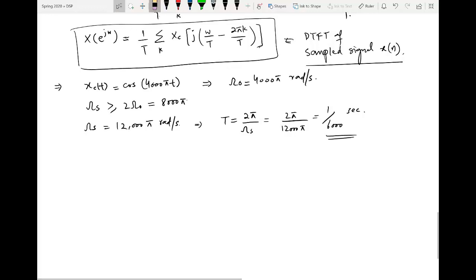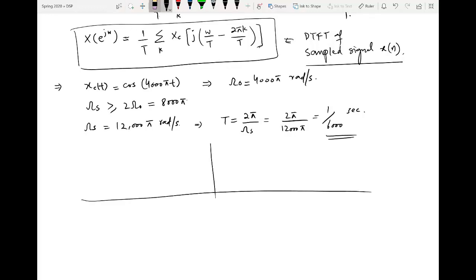Now, first of all, we draw Xs of j omega by using the same concept. First of all, the original copy. The original copy will be coming at 4000 pi and minus 4000 pi, and the sampling frequency is equal to 12,000 pi, which will lie over here, and one copy here and here.